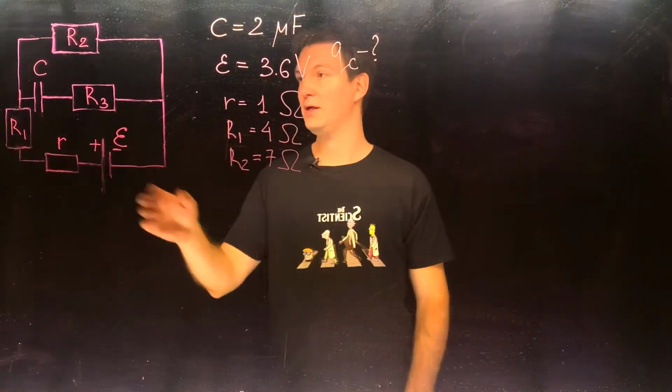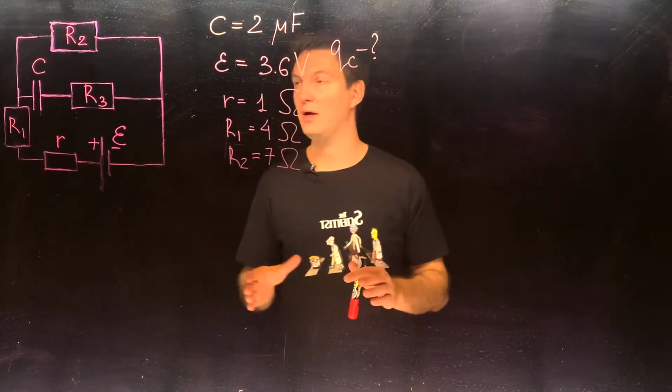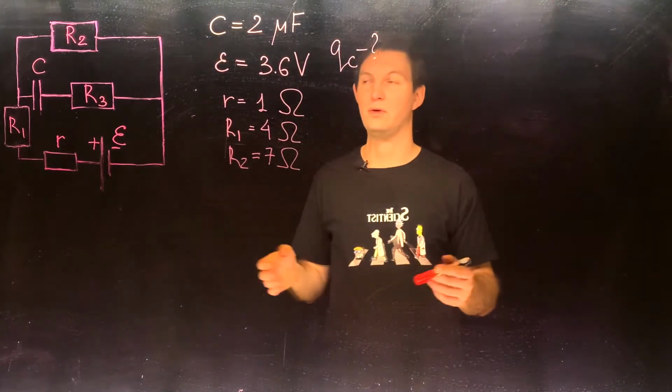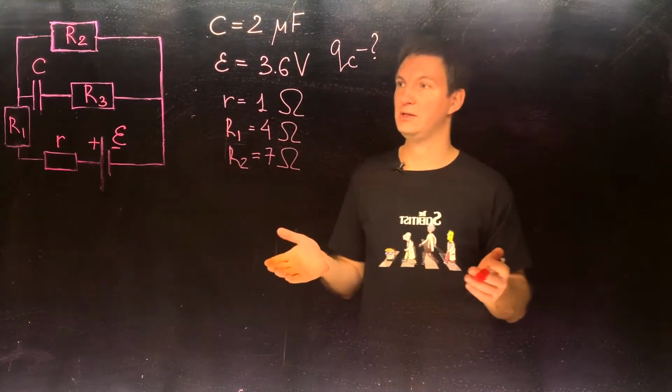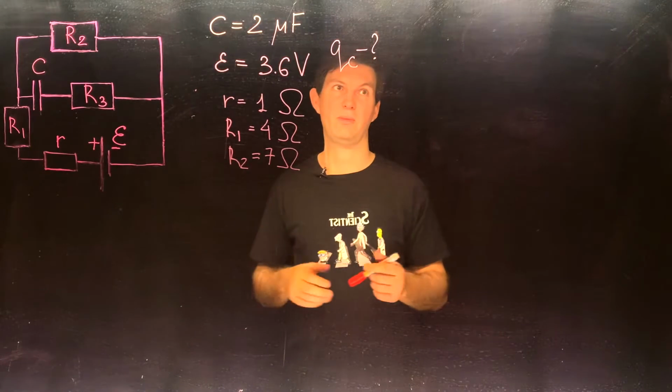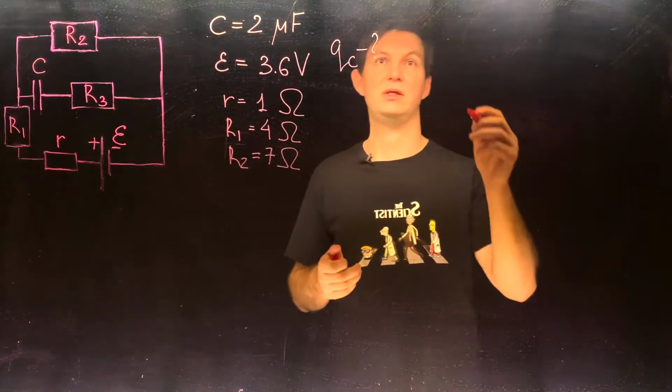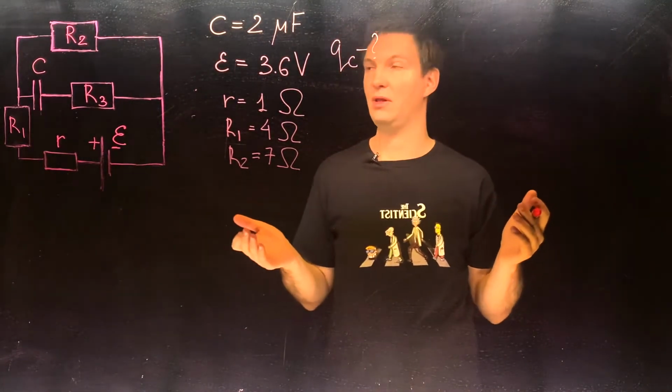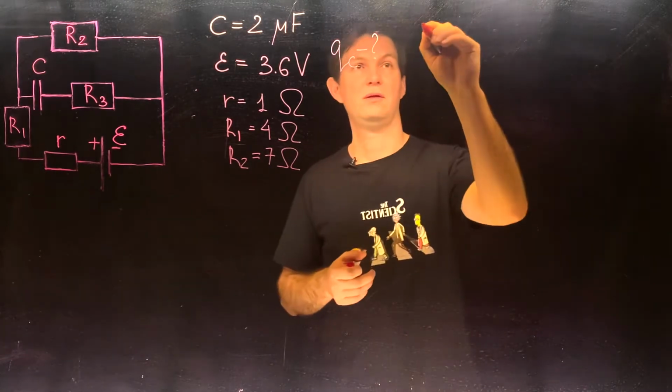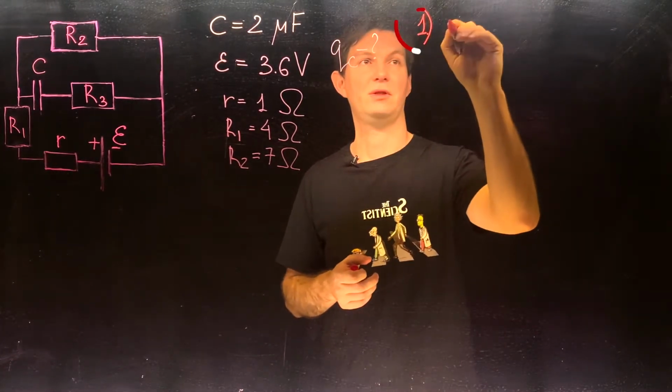The circuit has a capacitor, so let's review how it works. There is just a simple rule for a capacitor. When a capacitor is charged, it blocks the current. That is the first point.